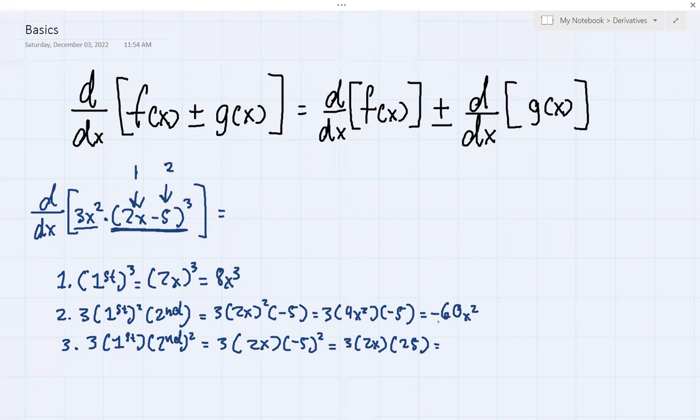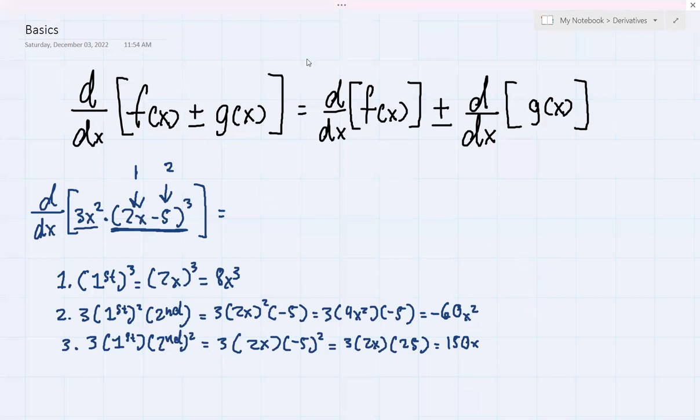So, 3 times 2x is 6x. So, 6x times 25, if I am correct, this would be 150x. Let me check na. 6 times 25. 6 times 5 is 30. 6 times 2 is 12 plus 3, 150. Okay, tama. That's good.